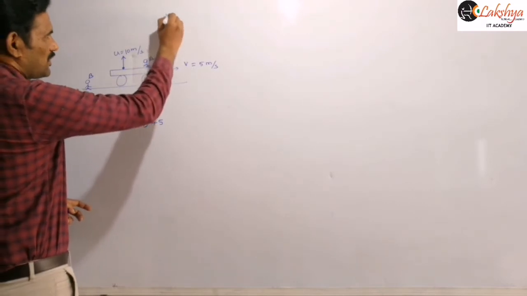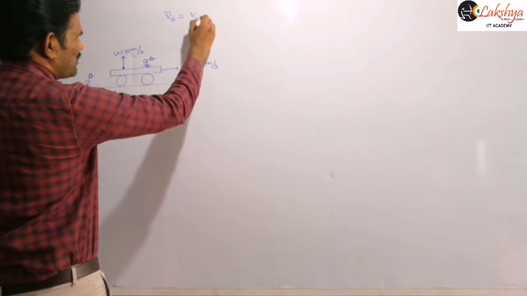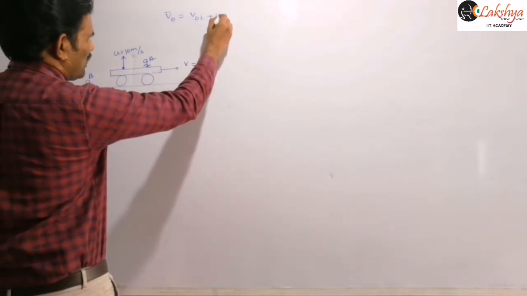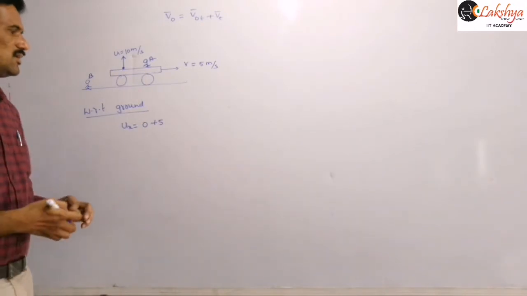Velocity of the object is equal to velocity of object with respect to the truck plus velocity of this truck, right? So we need to write our relative velocity like this.